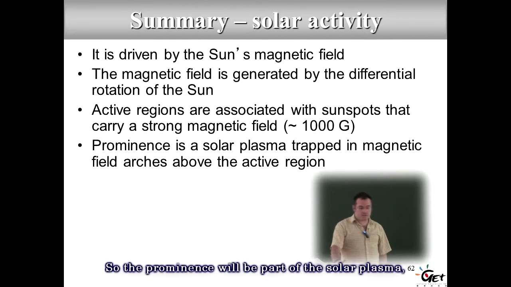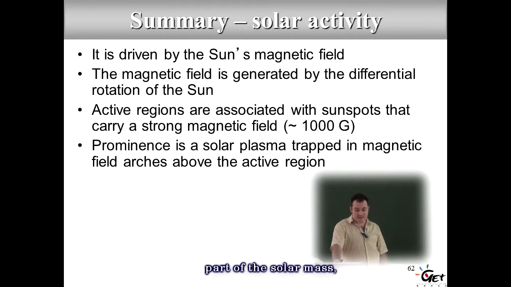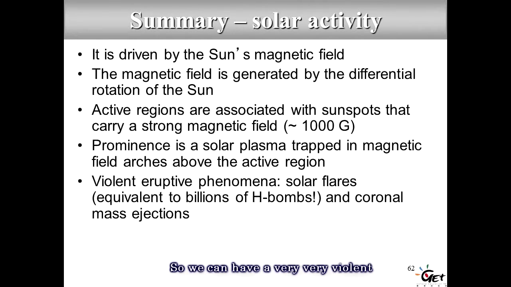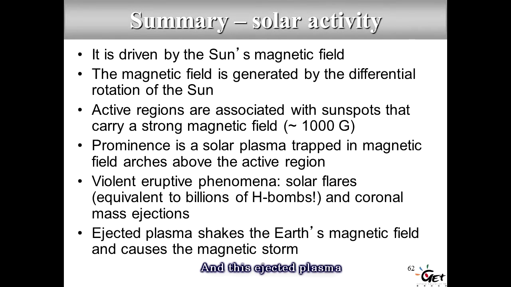Prominence will be a part of the solar plasma, part of the solar mass that is trapped in magnetic field and is arching away from the surface of the sun. So we can have very, very violent eruptions of magma coming from the sun, equivalent to several billions of hydrogen bombs. And this ejected plasma is shaking Earth's magnetic field, distorting it, and creating magnetic storms.